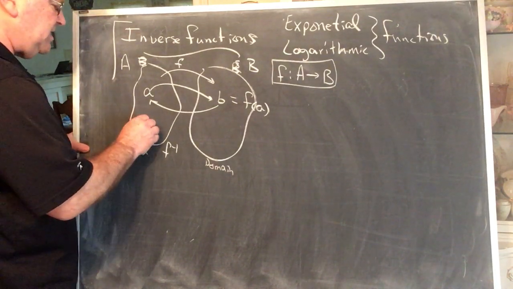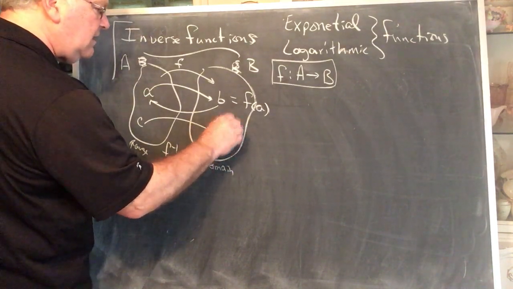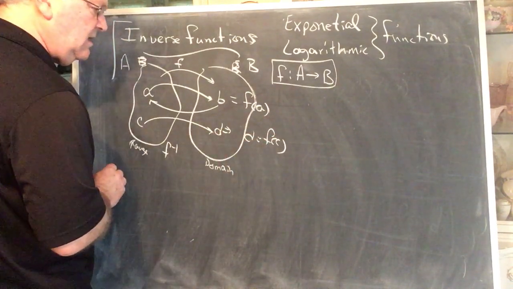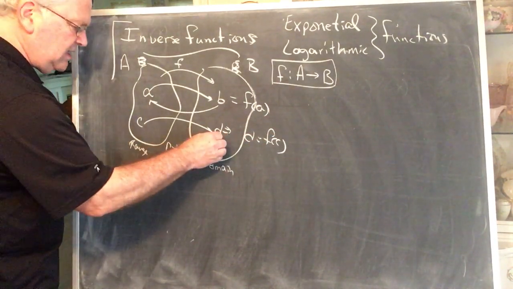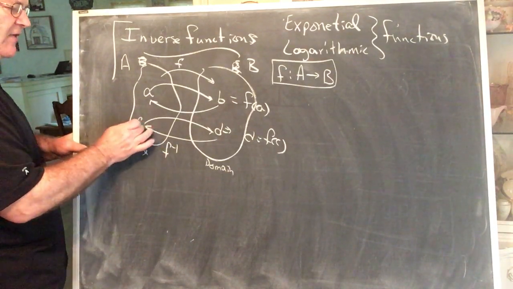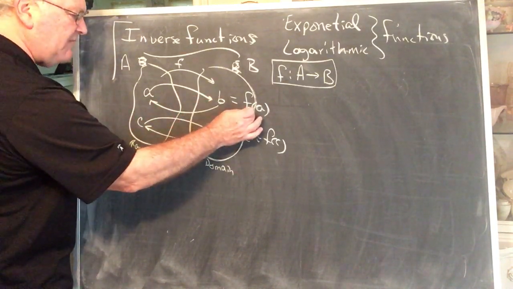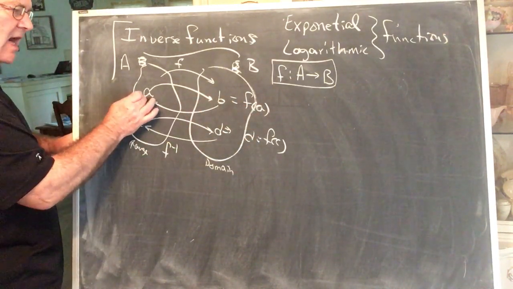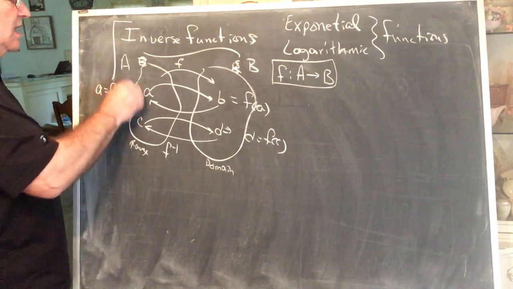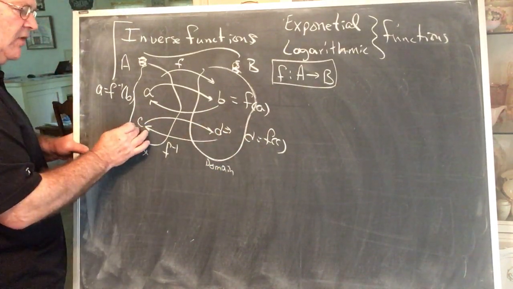So if C maps to D, if D is equal to f of C, then what we require is that D maps to C using the inverse function rule. So we can say, where did B come from? B came from f of A. Where did A come from? A came from f inverse applied to B. D came from f of C. Where did C come from?